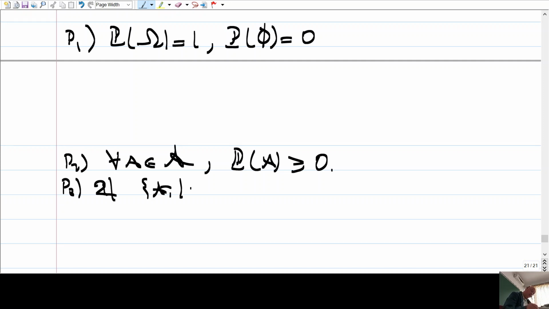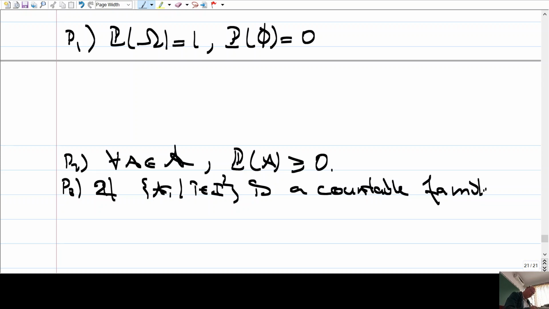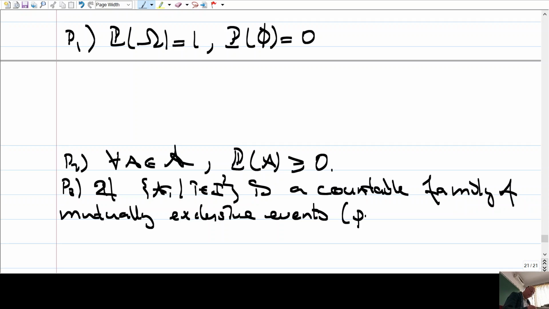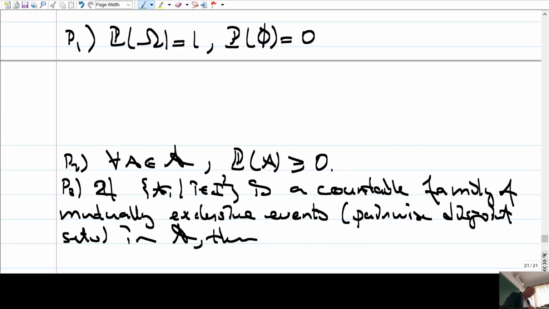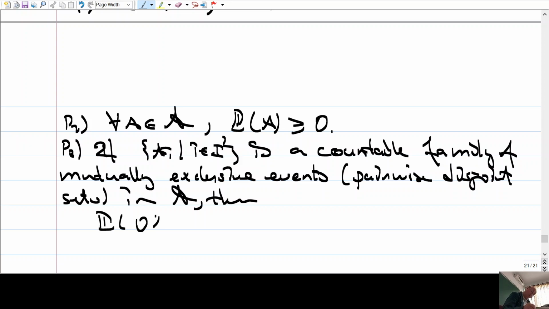And the final one is: if A_i, i in an index set I, is a countable family of mutually exclusive events, that is, pairwise disjoint sets in the sigma algebra, then the measure of the union is the sum of the measures, P(A_i).